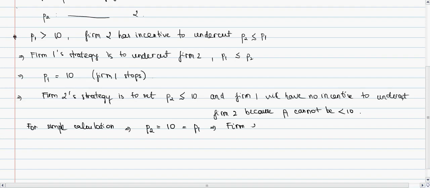So in this case, firm 2 supplies to the market, and firm 1 is just not supplying anything.